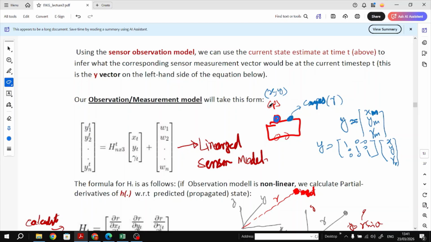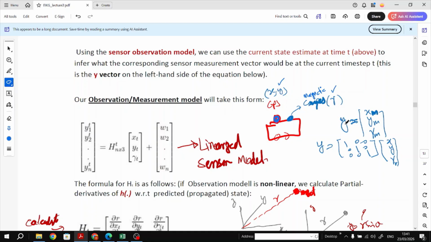The GPS will give you the position at every instant of time, let's say every 1 second, and your magnetic compass will also give you the heading angle with respect to the north. So you get the x, y, and angle at every instant of time.